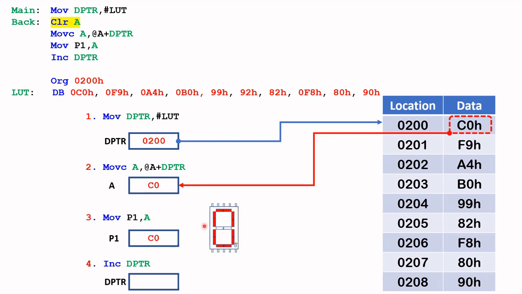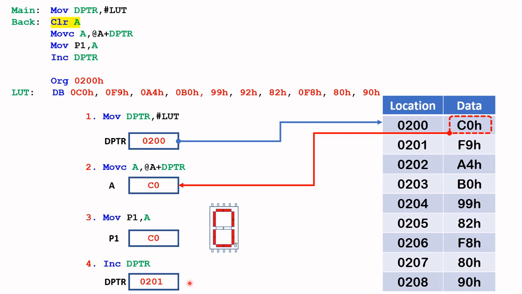That happens to be our display, and that will give you a 0 on the display, and then it would increment the pointer by 1, because initially this is a 0. So if you increment DPTR, the result would be 0201.